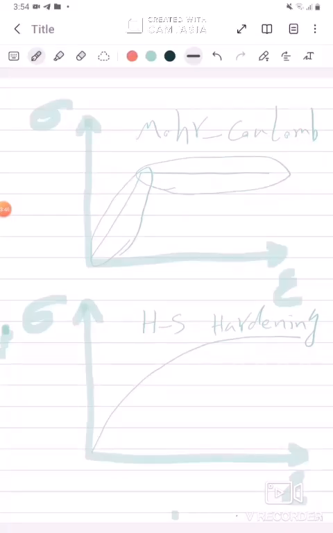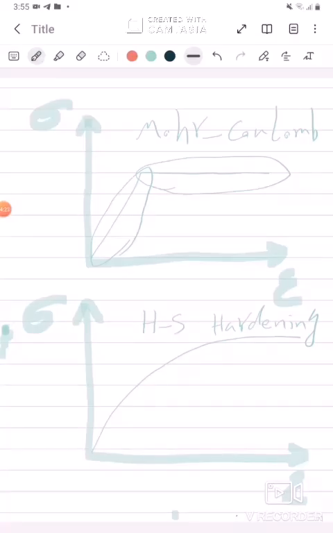But in the HS or hardening soil constitutive model, before reaching the failure condition, we have plastic strain. It means that if we have unloading and reloading before reaching the failure situation, we will have plastic strain. So this is a very important difference between these two models.